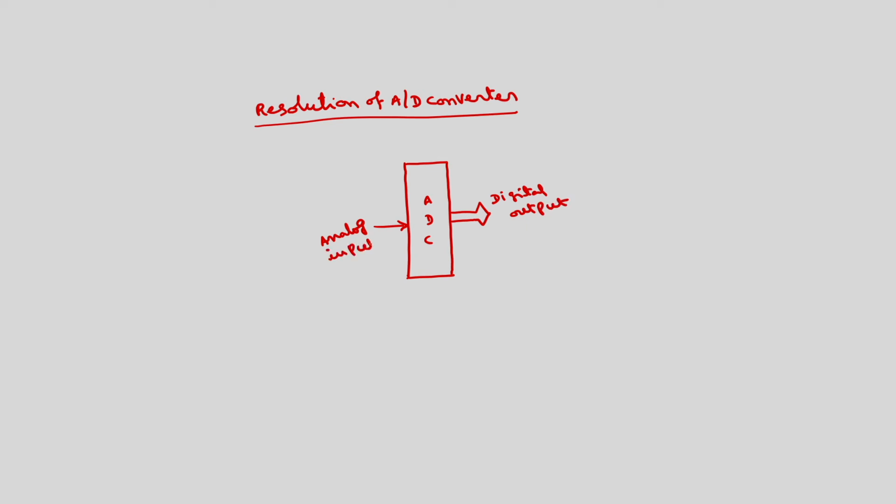If I take a unipolar A to D converter, in case of unipolar, this analog value VA, and the digital output, let us assume an 8-bit digital output.